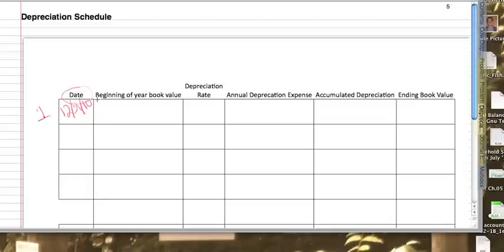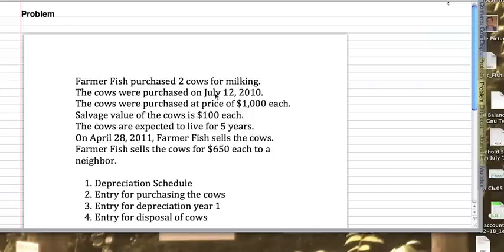So we're now going to focus on what goes into the beginning of year book value column. Book value simply represents how much the asset is on our balance sheet for, which represents the undepreciated portion of the asset. So let's go back to the problem and pick out some information, such as how much did I pay for it.